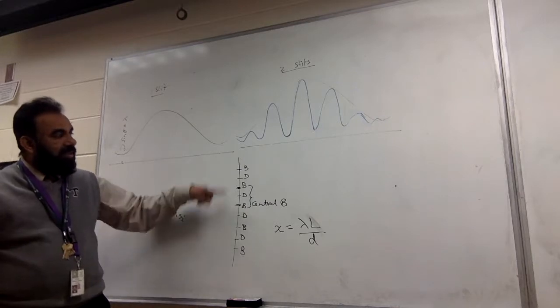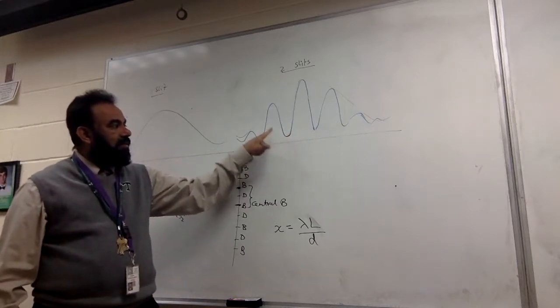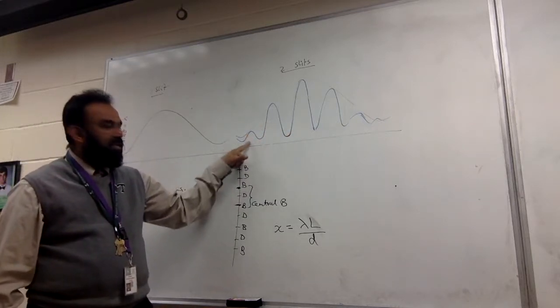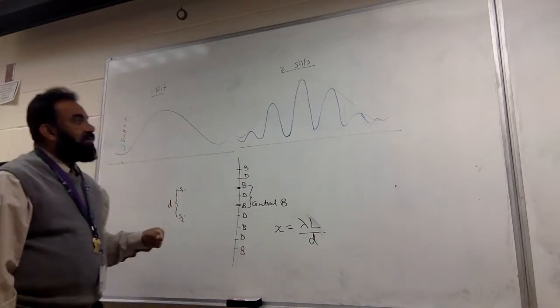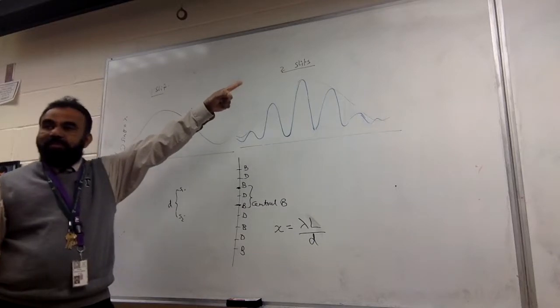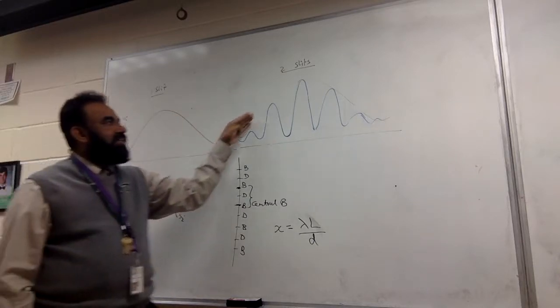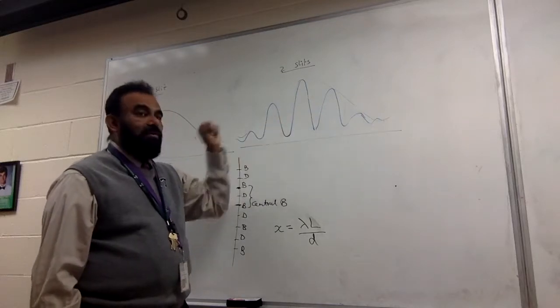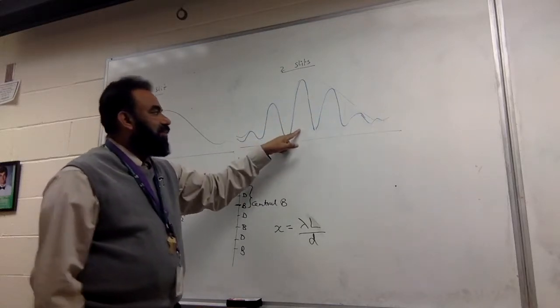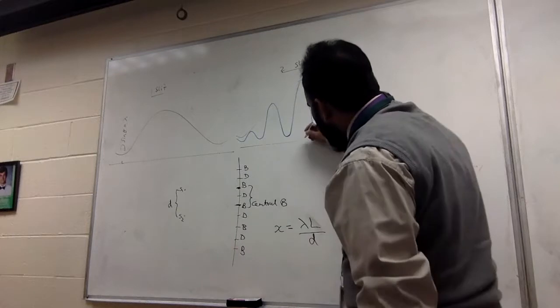Why we are seeing bright, dark, bright, dark in that orderly fashion is because we're using two slits. So wherever diffraction is allowing light to come through onto the screen, interference will also happen. And this one will happen at what condition?